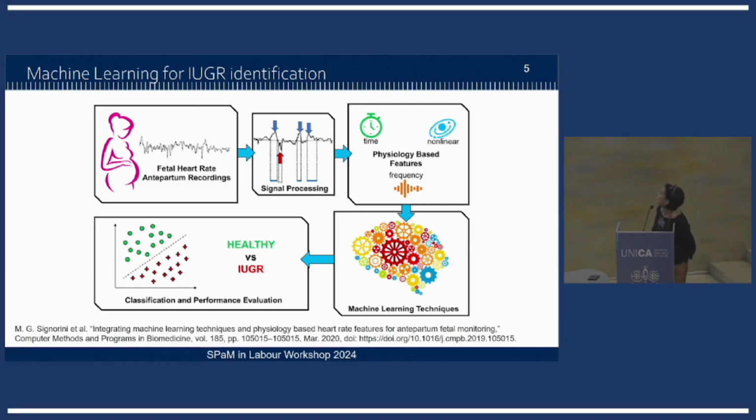Then these three big families of parameters were used to classify, for instance, healthy from IUGR fetuses, because sometimes the IUGR condition is not so clearly identifiable. Using this approach, we try to separate the two conditions. In which way?